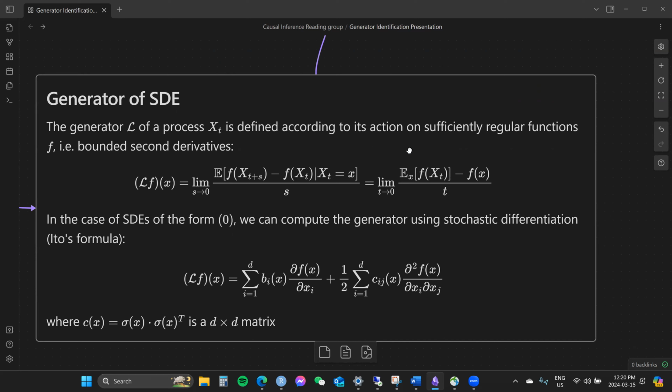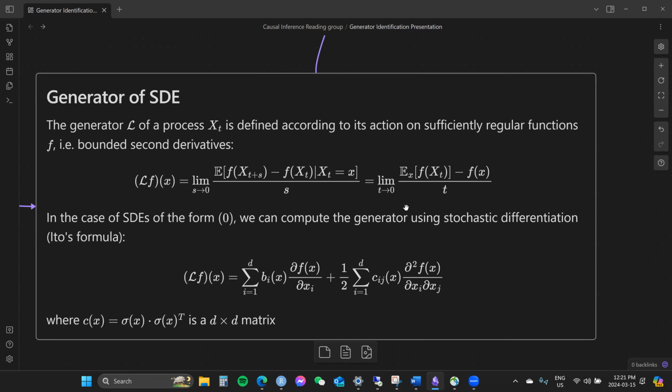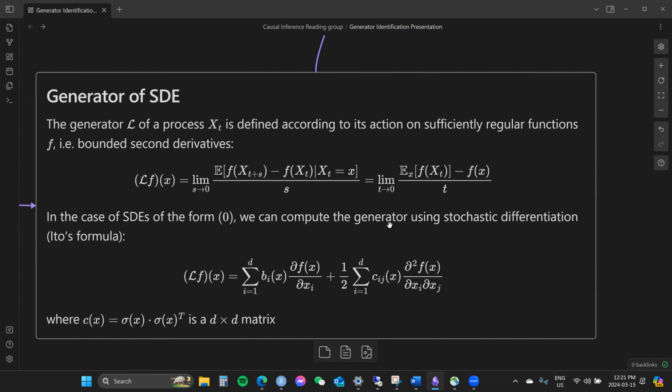I think this is the definition that's maybe most concise: given that the process starts at some initial value X, it's the change in expectation of the process when you get very close to the initial starting point. And you can characterize this explicitly if you have an SDE of the form that we started off with.